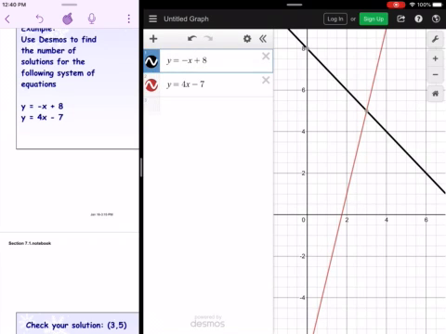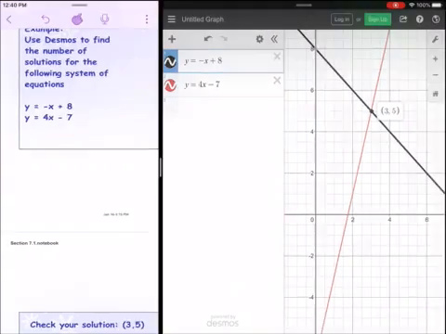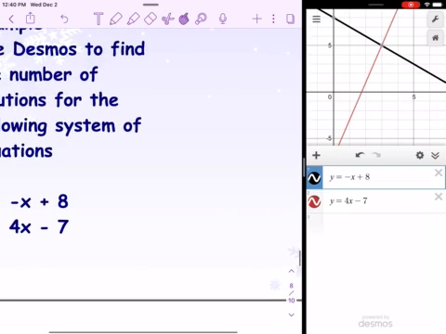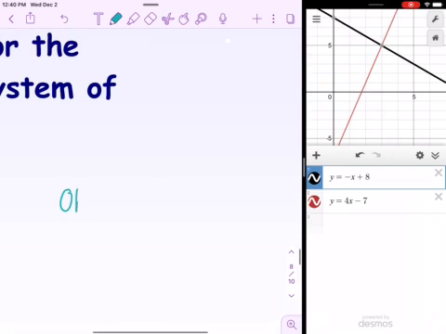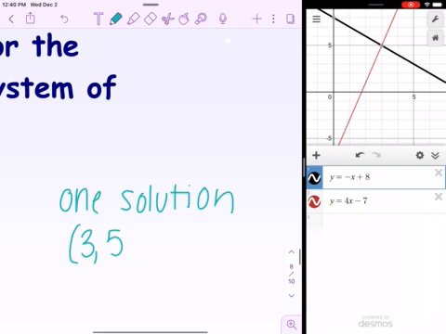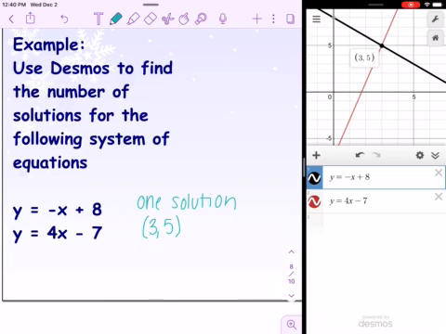And I see there's just two normal lines, which means they have one solution, and they intersect at the point 3, 5. So that's one solution. And then the solution is 3, 5. Okay? So we understand that that's because they intersect once, and that is where they intersect.